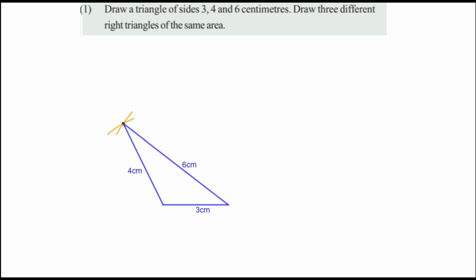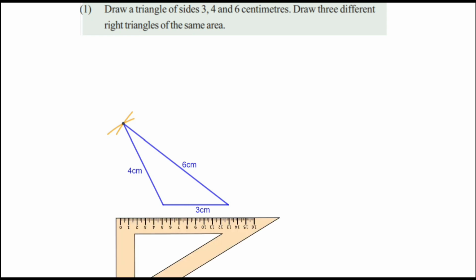Now we have to draw three different right triangles of the same area. We know if we want to draw a triangle with the same area, we have to keep the base the same and the third vertex should be on a line parallel to the base. So first of all, let us draw a line parallel to the 3 centimeter side.